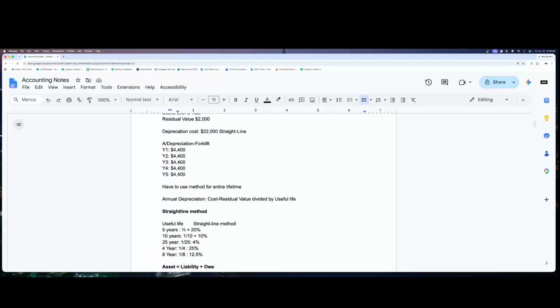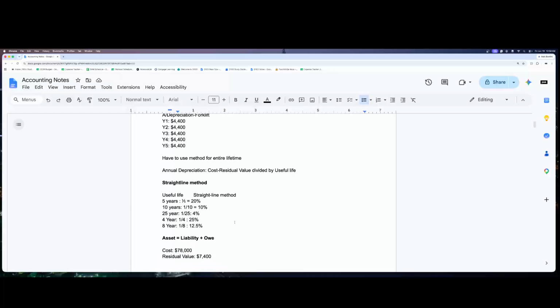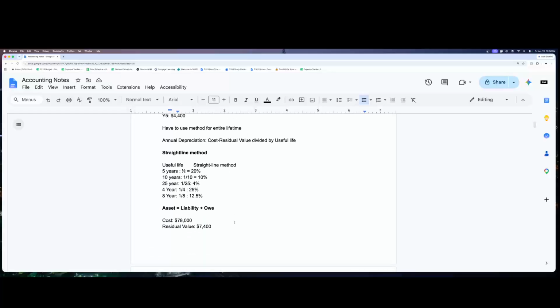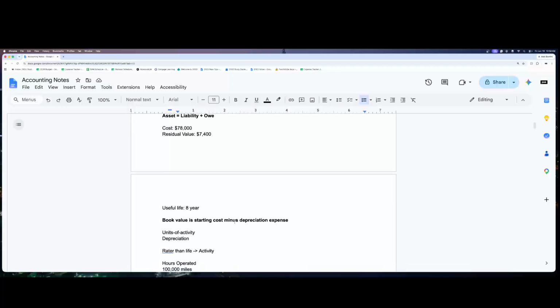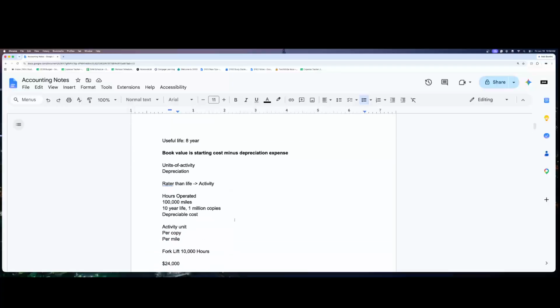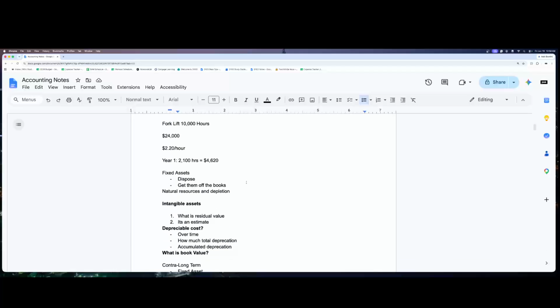There are different types of calculating depreciation, like the straight line method, as well as the accounting equation, how the accounting equation has a balance with a value, starting cost minus depreciation expense. You can calculate depreciation based off units of activity.